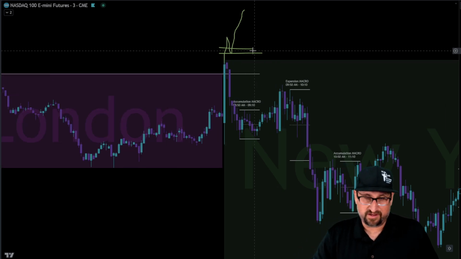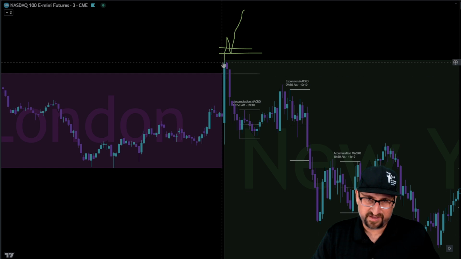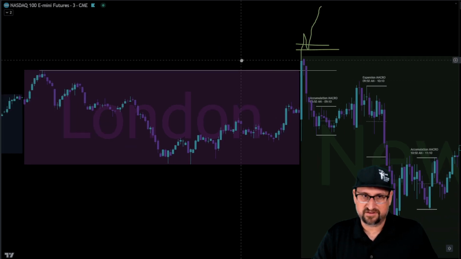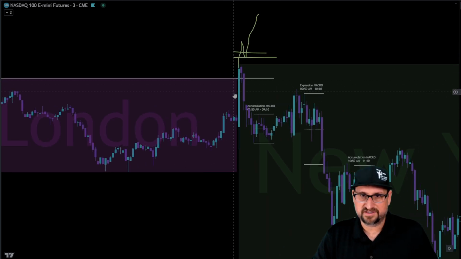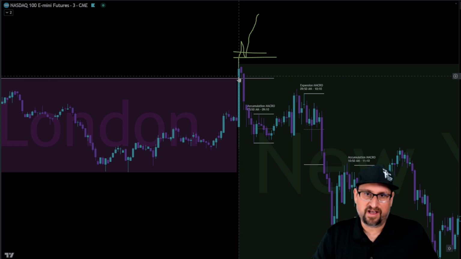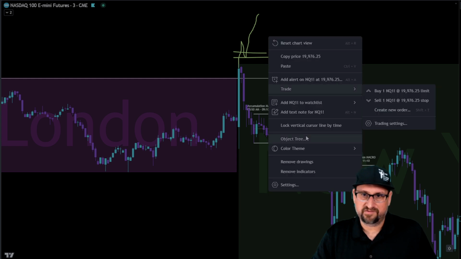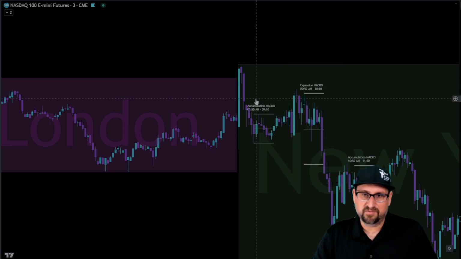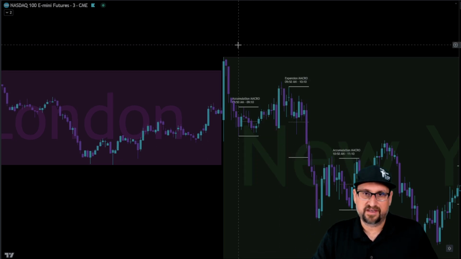Obviously we're not going down because we displaced through this time-based liquidity, and we are creating fair value gaps above it and respecting those fair value gaps. That's where I would be looking for more upside.